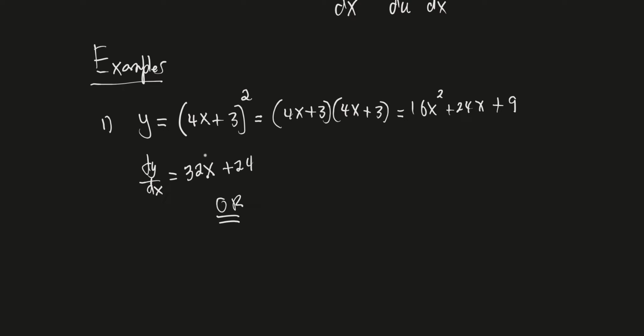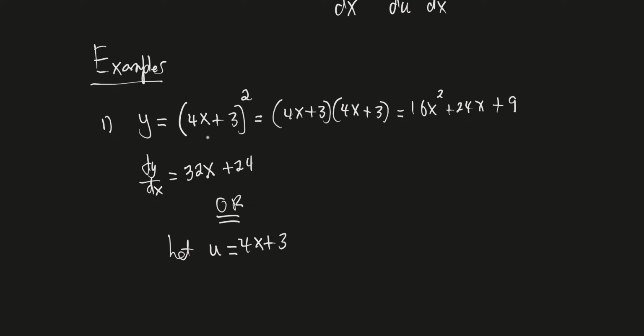You have to recognize the composite, right? Some of them are going to be as plain as day. Others you have to look a little bit more closely. But if we let u equal 4x plus 3, the 4x plus 3 is sometimes referred to as the inner function.